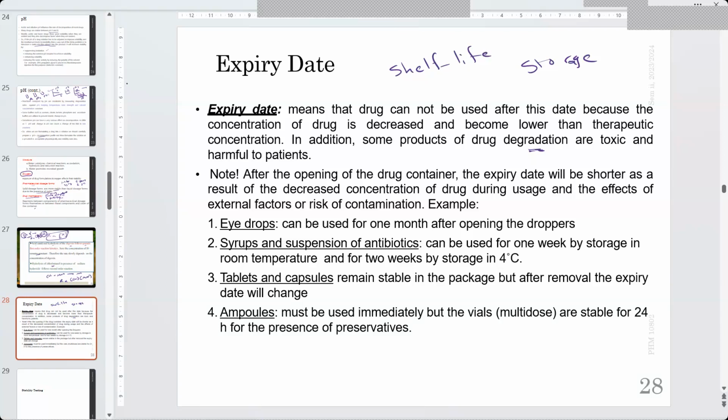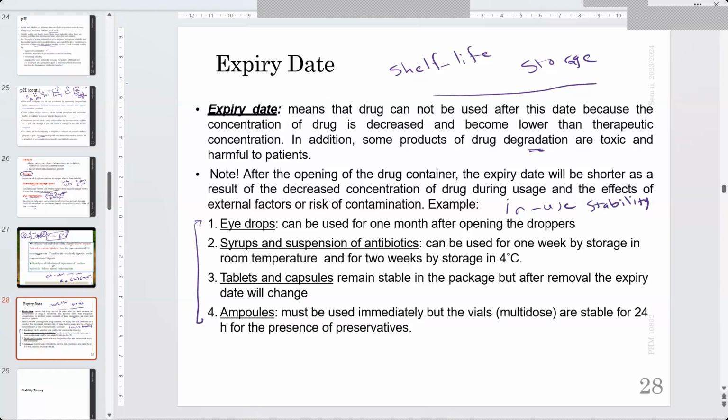How about in-use stability? So we follow the expiry date when it comes to if the container is still closed, we didn't open, but after we open, different rules applies. Why? Because there may be some microbial contamination, there may be some degradation by exposure to the environment and so on.